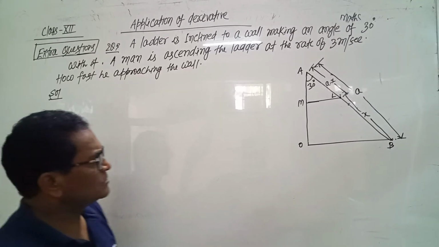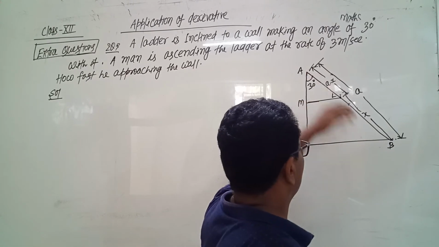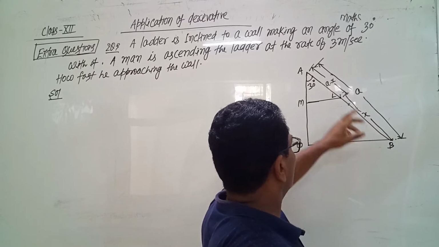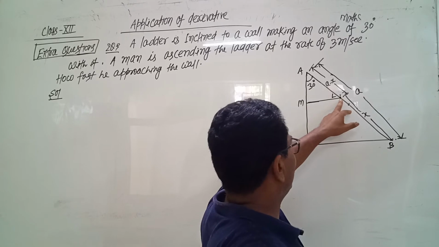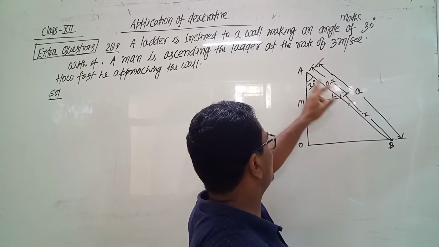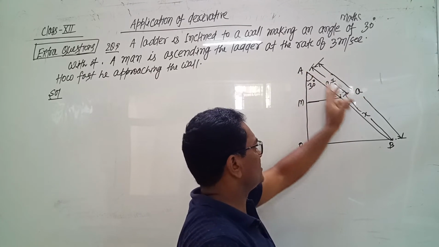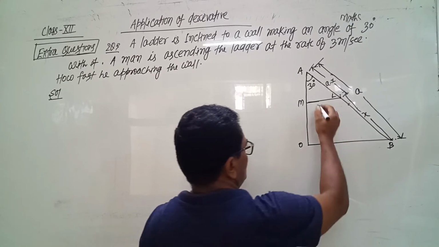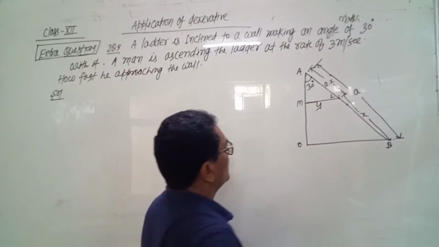Man is approaching towards the top of the ladder. When he covers the distance x, then at point L, the distance of the top of the ladder is A minus x, and suppose the distance of L from the wall is y.